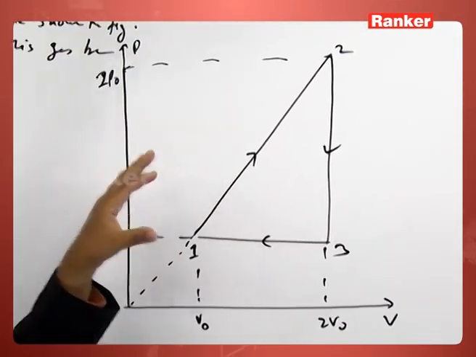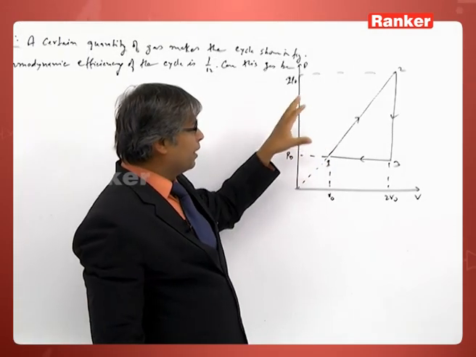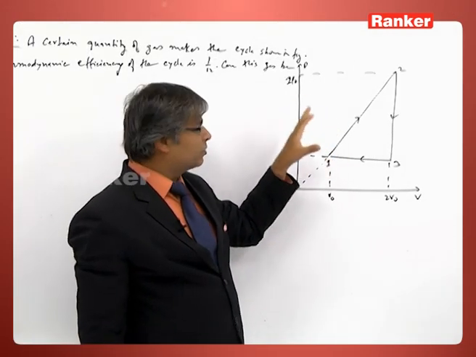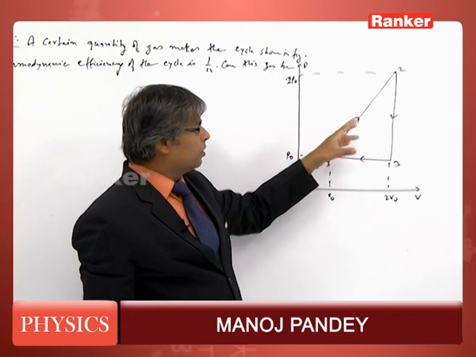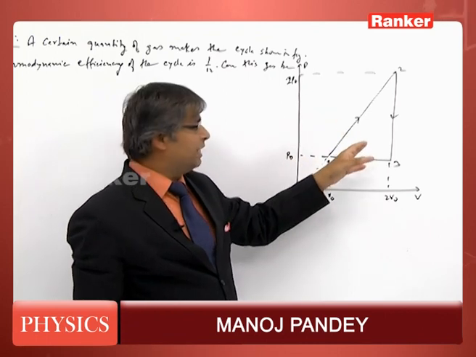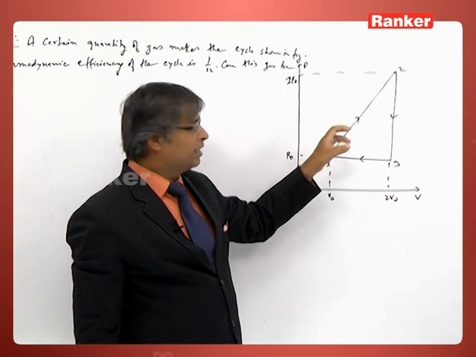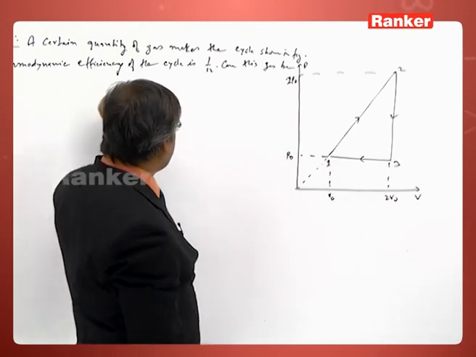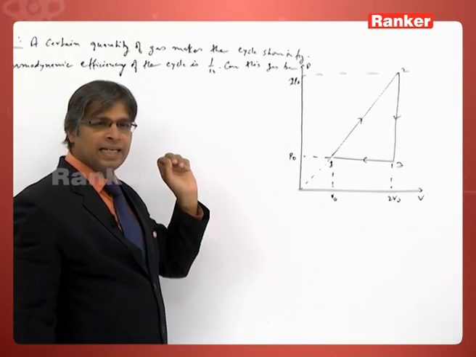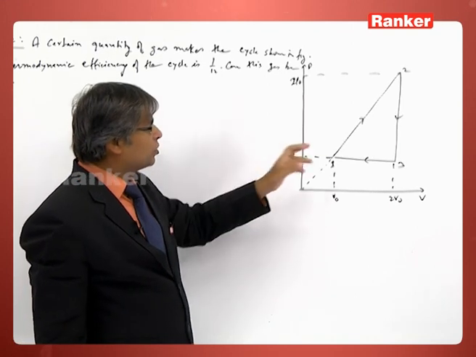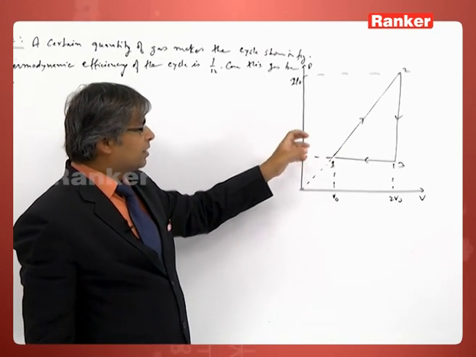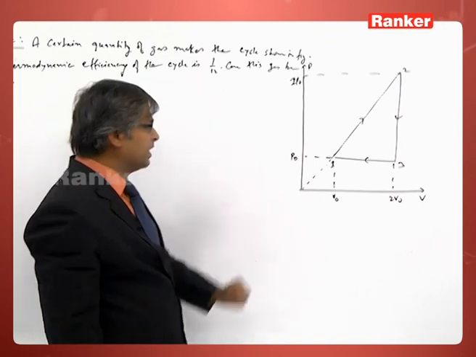This is the thermodynamic cycle, and the efficiency is 1 by 12. So what type of gas could be the working gas in the system? Radon is a monoatomic ideal gas. So we have to find the nature of the gas as the working element.